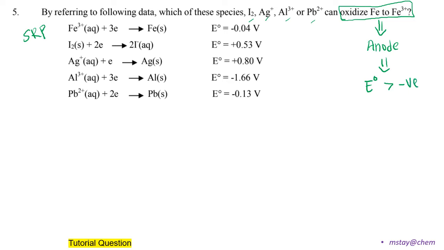Now here it is very simple. If Fe undergoes oxidation, it means that I2 needs to undergo reduction. Reduction happens at the cathode, and then the E0 needs to be more positive. In simple words, as long as the SRP value for these 4 species is more positive than iron, then the reaction happens.